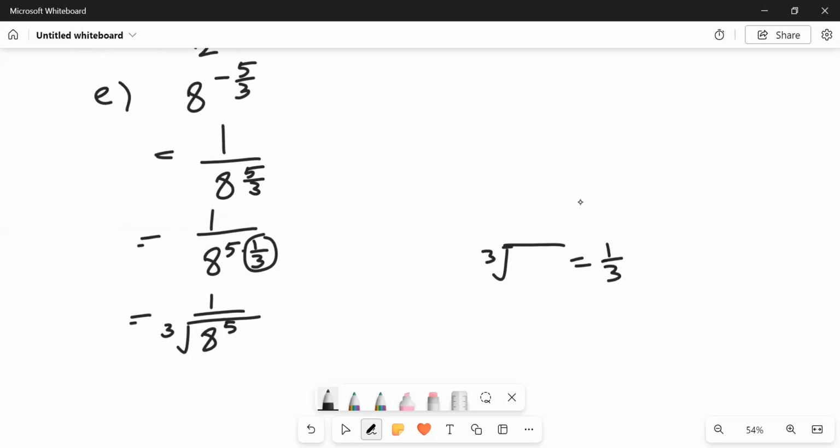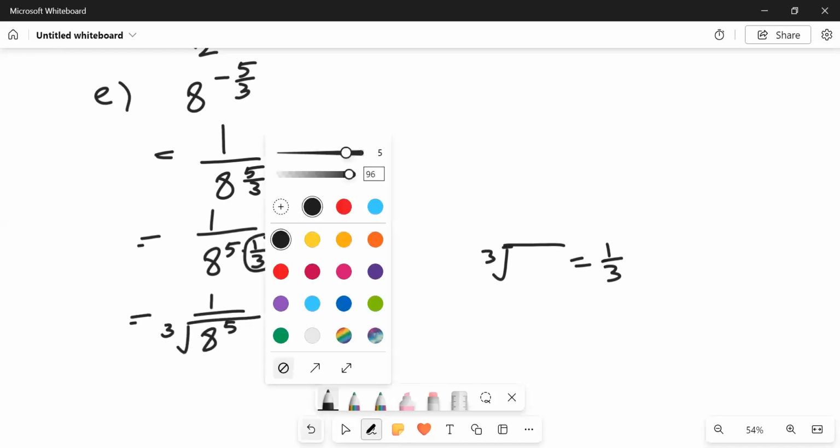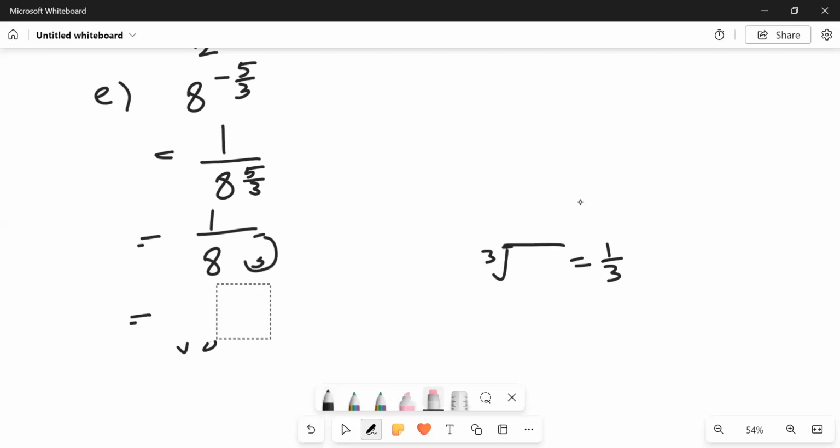Then here we can simplify this, because 8 is 2 power 3. So I will change this number into this form.